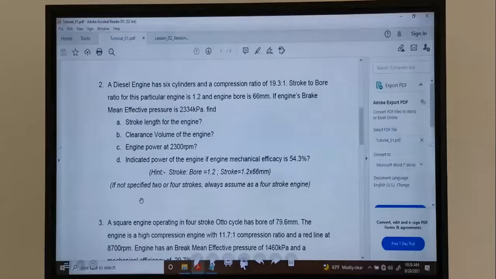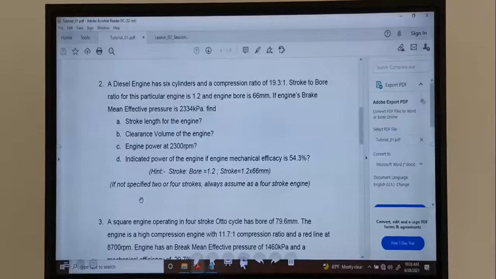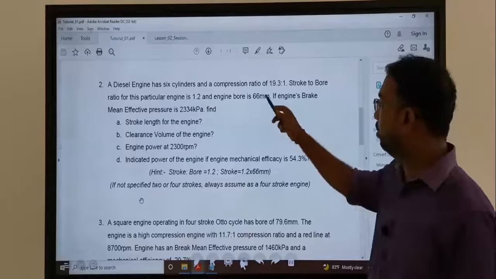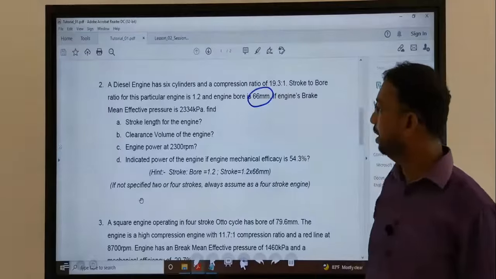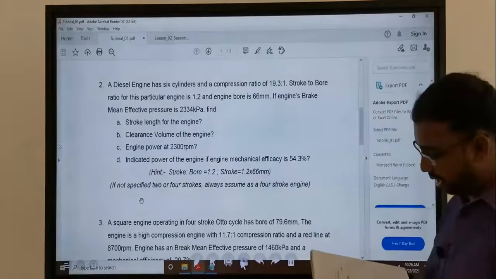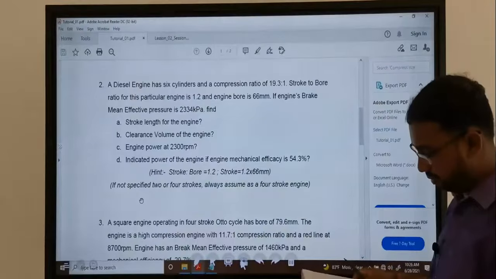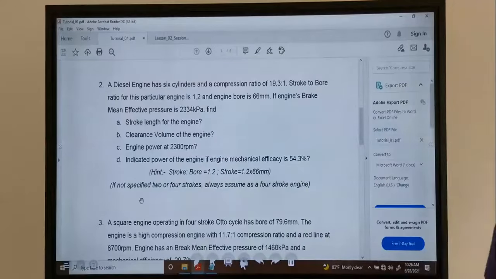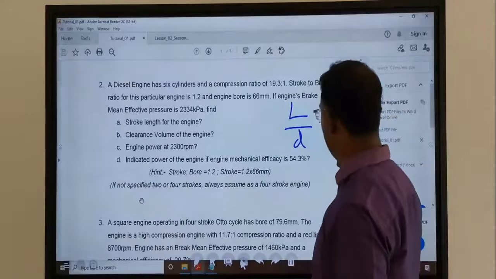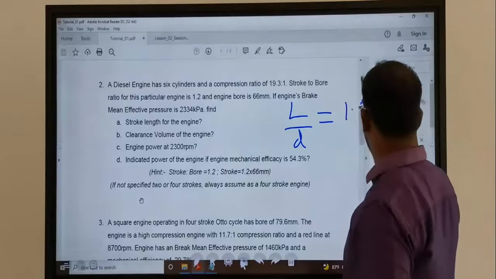We need to find the stroke length of the engine. We know the bore, 66 millimeter, and the ratio of stroke to bore, where stroke is L and bore is D.